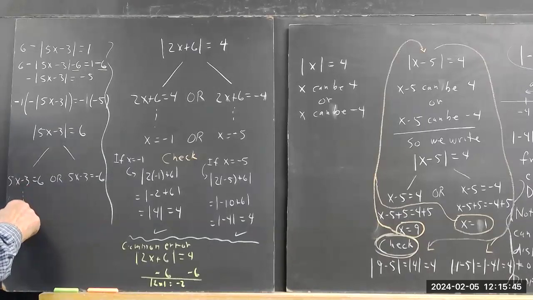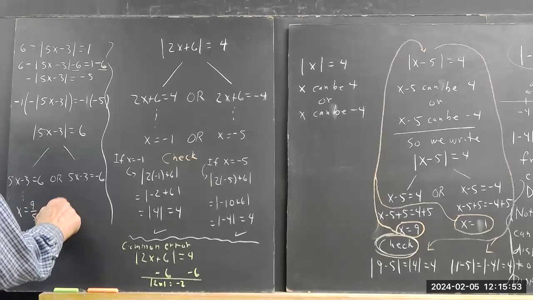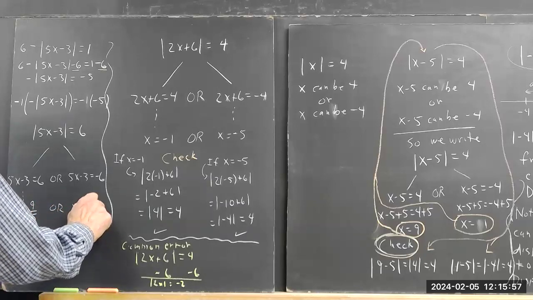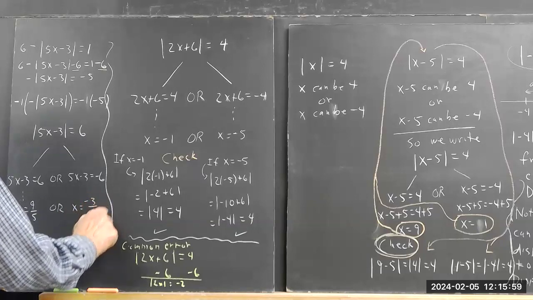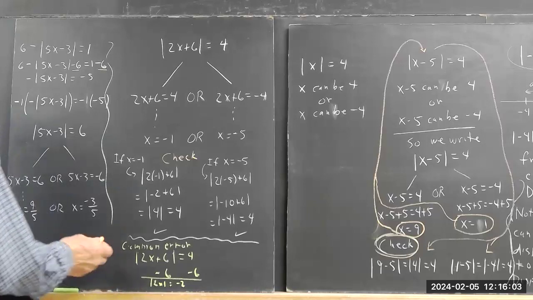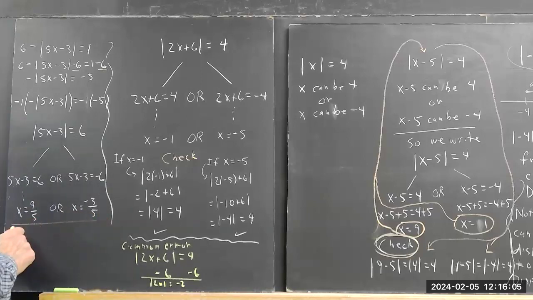And then we solve this. We're going to get x equals 9/5, or x equals -3/5. I'm not going to draw my arrows and stuff.